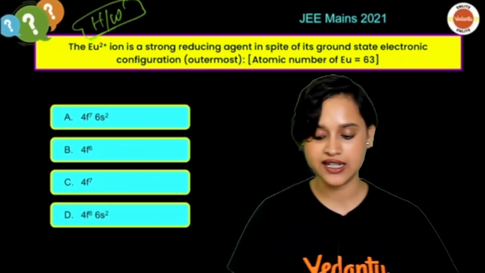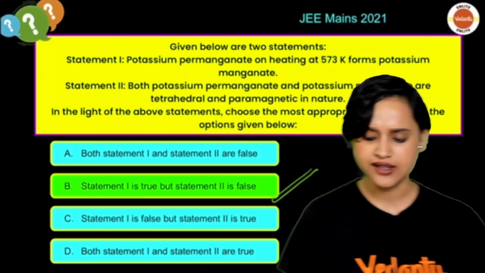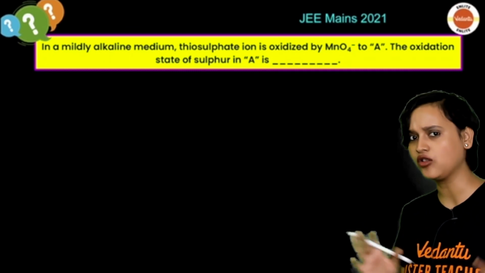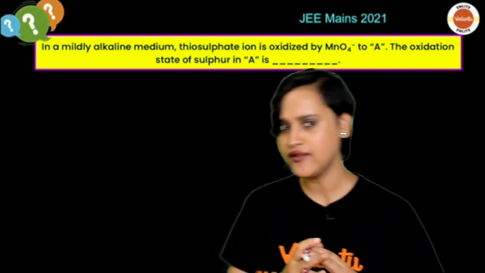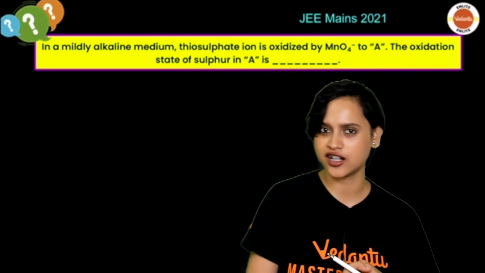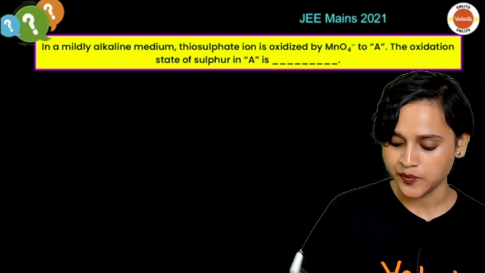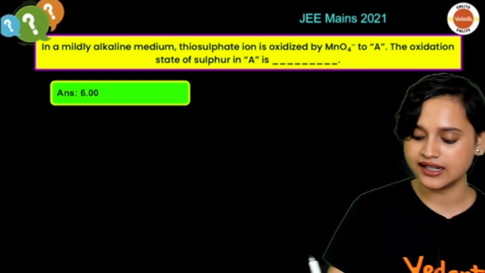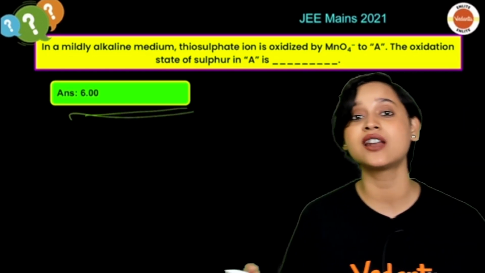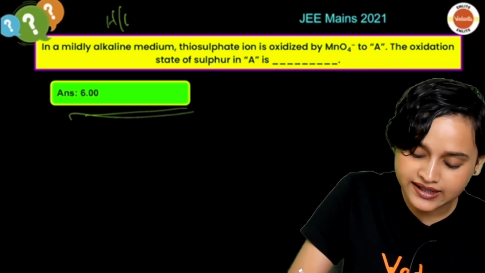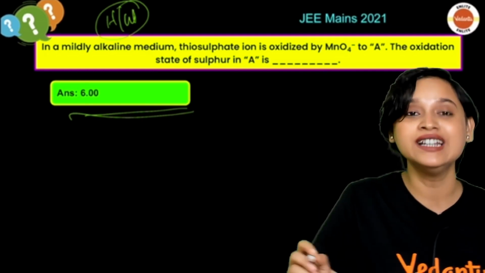What is the oxidation state? I think you should be able to do this. By now you have learned how to find out oxidation state, and we have found out the oxidation state of many elements. What is the correct answer? You just have to calculate, guys. The answer is given here. Please calculate it on your own. Giving it to you as homework.